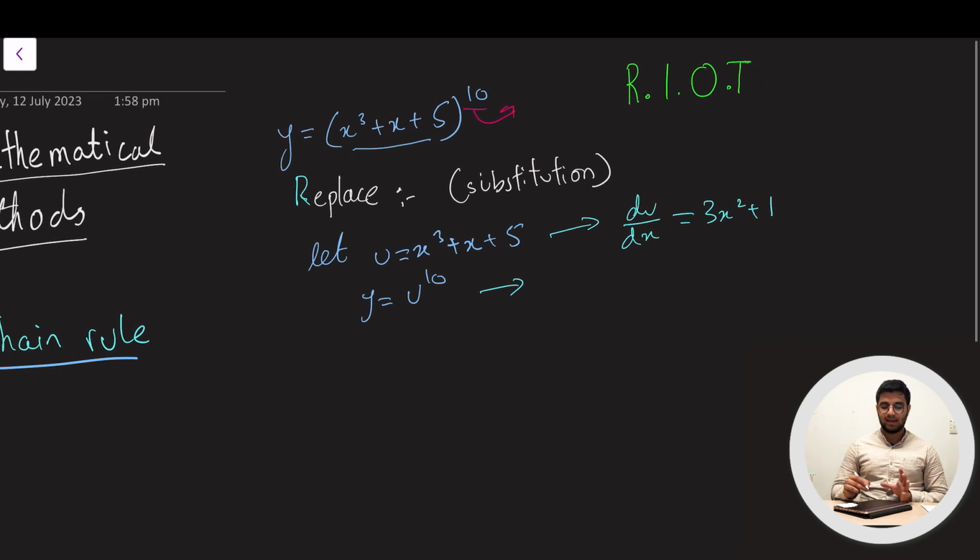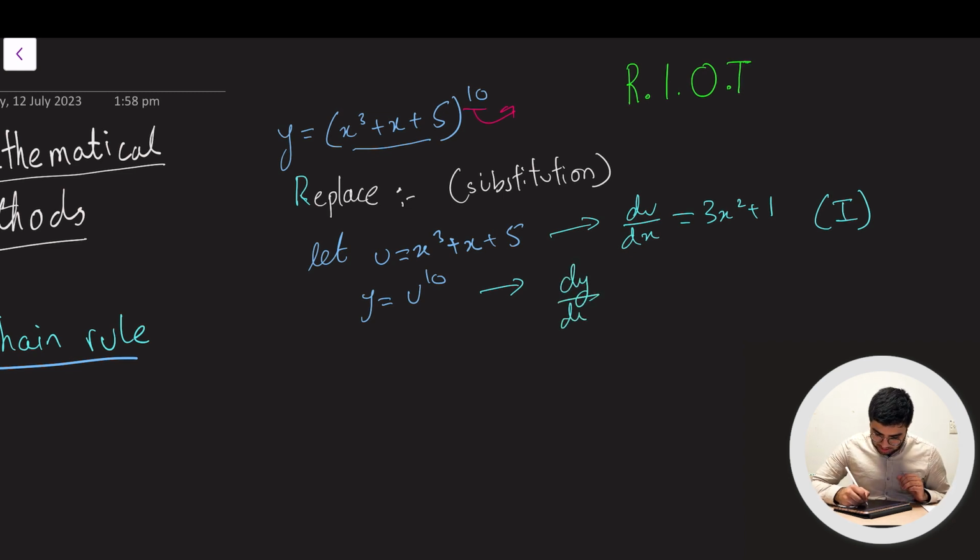That is our inner function because it's on the inside, so that is our inner function derived, hence the I. Now we do the second function, which is our outer function, hence the O. So dy on du is equal to 10u to the 9. This is our O done. It kind of looks like a donut, but that's your O.